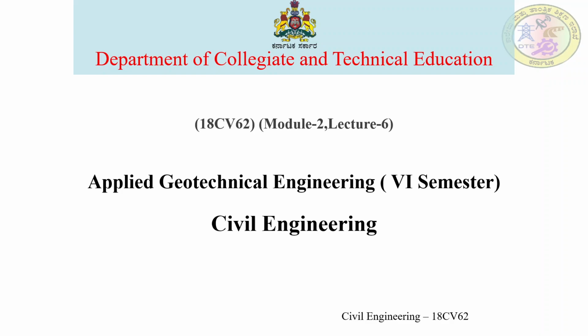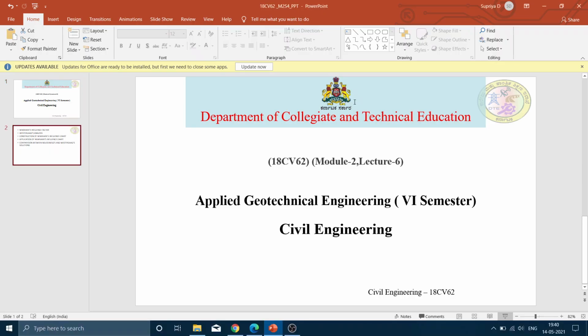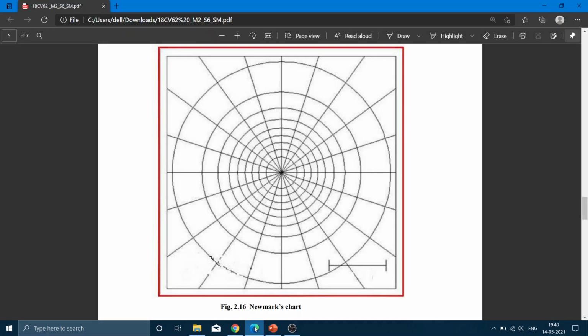So today's class is a continuation of Module 2: Construction of Newmark's Influence Chart. For the specified depth Z, say 10 meter, the radii of circles are calculated from the relative radii of Table 1: 2.7 meter, 4 meter, 5.18 meter, and so on.